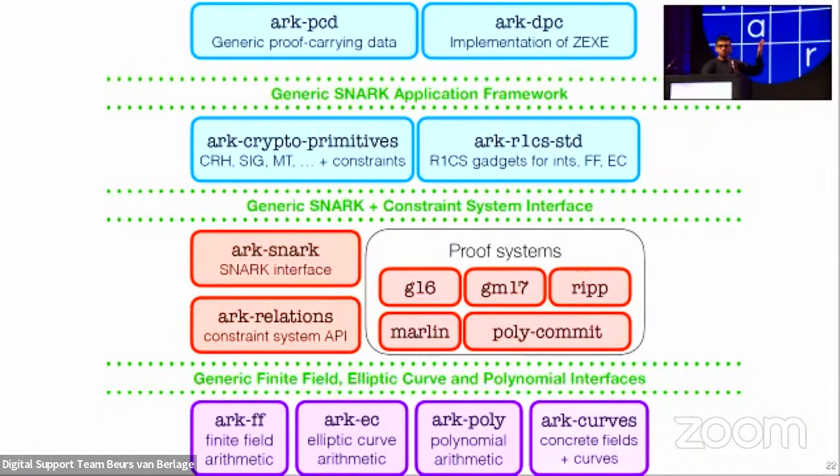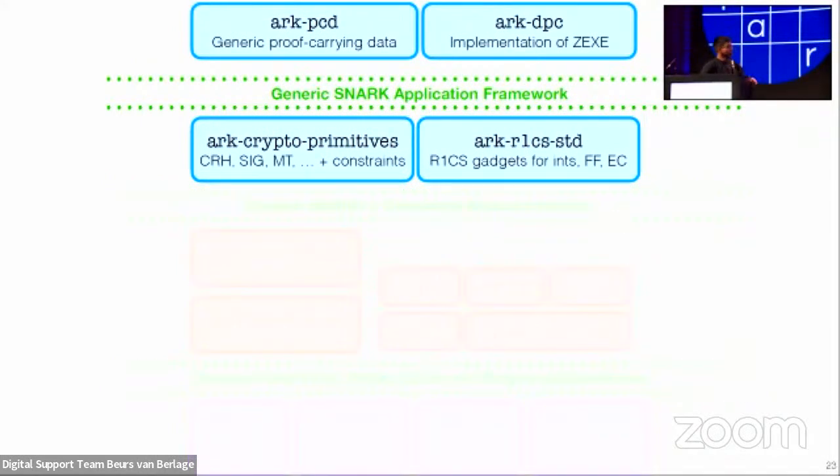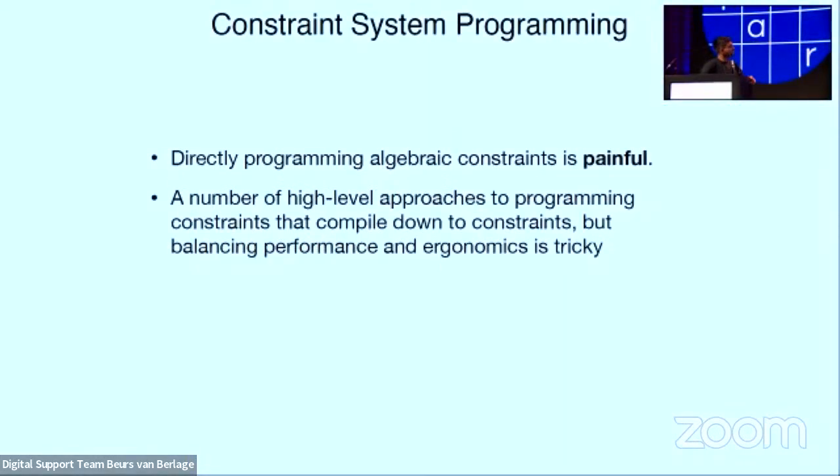You can see, hopefully I've convinced you that it's actually ergonomic and fairly flexible in terms of modularity. So let's quickly go over how ergonomic our constraint system writing framework is. Okay. So remember, the goal here is to try to avoid writing algebraic constraints directly, right? That's painful, error-prone, and just asking for bad things to happen to you.